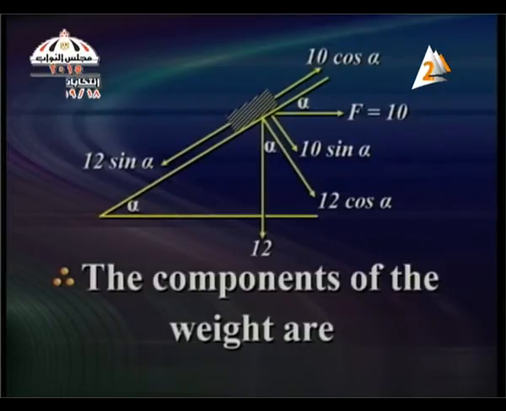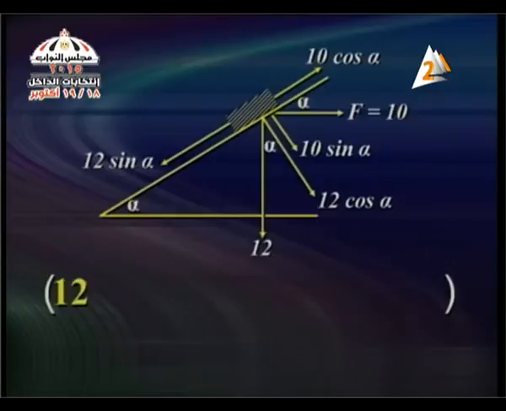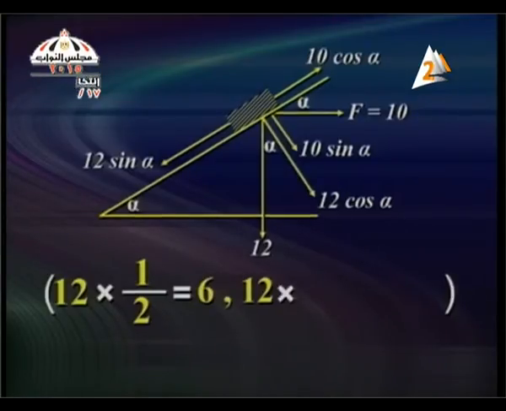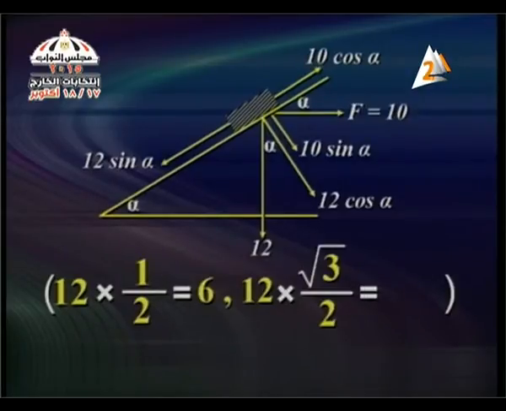Therefore, the components of the weight are 12 times 1 over 2 equals 6, and 12 times √3 over 2 equals 6√3. This is the first required.